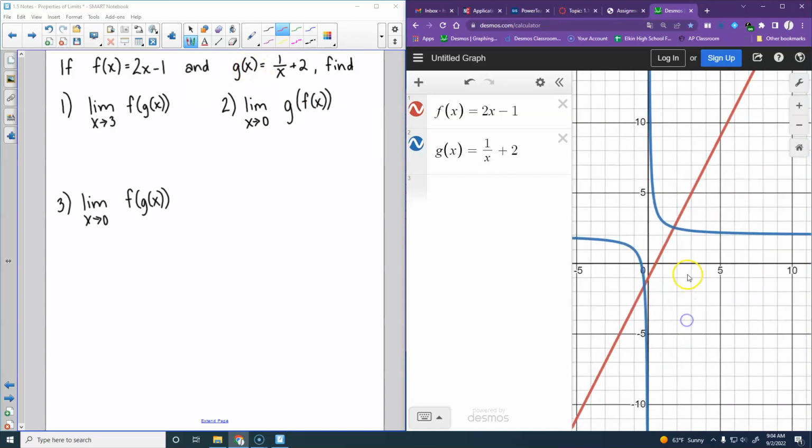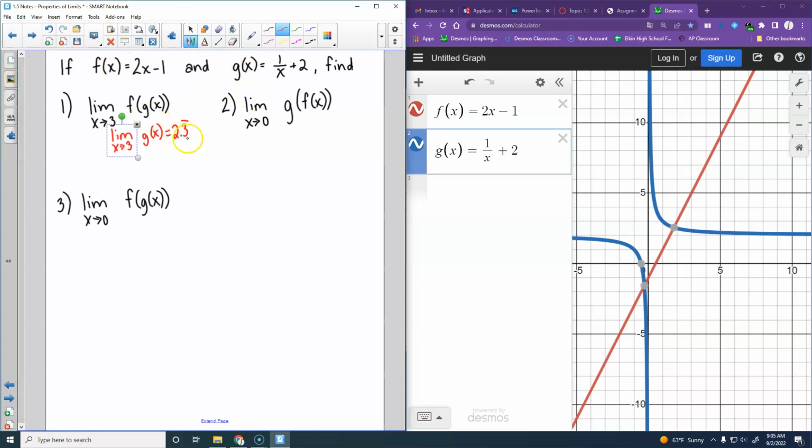Let me zoom in a little bit here. So at 3, right here, we're going to this point, and we get 2.3 repeating. So when we do the limit as x approaches 3 of that g of x, we get 2.3 repeating.